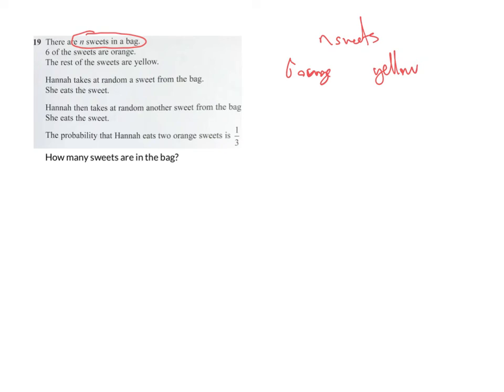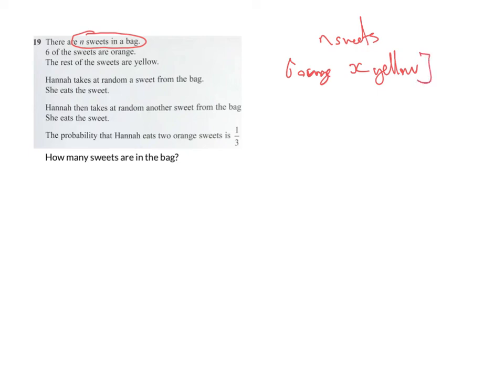But if we add another letter, we must be careful, because now we've got 2 letters. You can't solve an equation with 2 letters. And remember, for every variable you have, every unknown, every letter, you need an equation if you're going to solve them simultaneously. So if we add 2 letters, we need 2 equations. So I'm just going to leave it. We'll call it x to start with, but we must be careful with it.